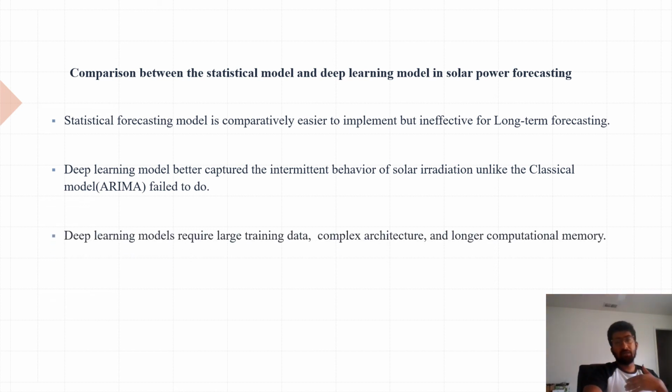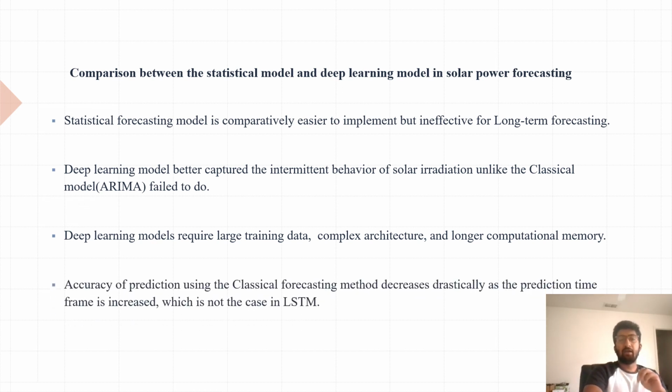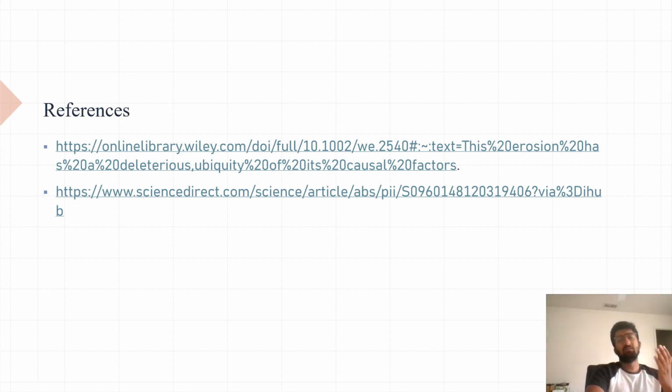But on the negative side, deep learning models require large training data, have a complex architecture, and need longer computation and more memory. The accuracy of prediction in the classical model decreases drastically as the prediction time horizon increases, but it was not the same with the LSTM. There was a gradual decrease. So this is basically the comparison of the deep learning and the classical statistical models.